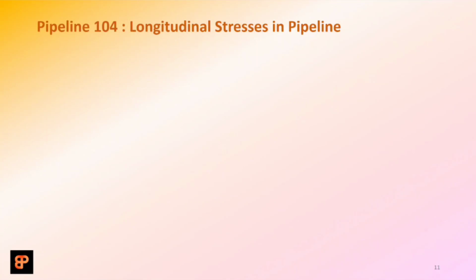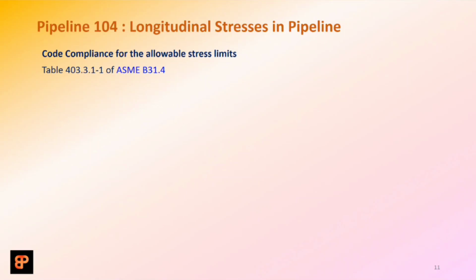So let's see the longitudinal stress combinations in the pipeline with respect to the code compliance given. ASME B31.4 and ASME B31.8 provide the code compliance, which is nothing but allowable stress limits for the net longitudinal stress and the combined stress.